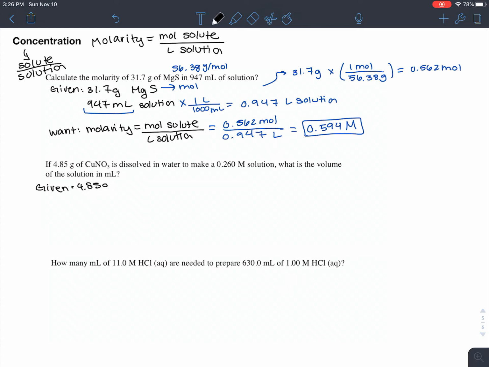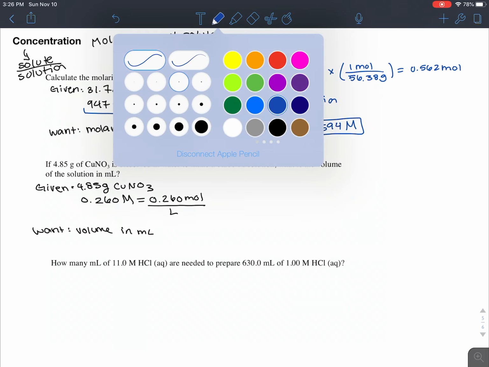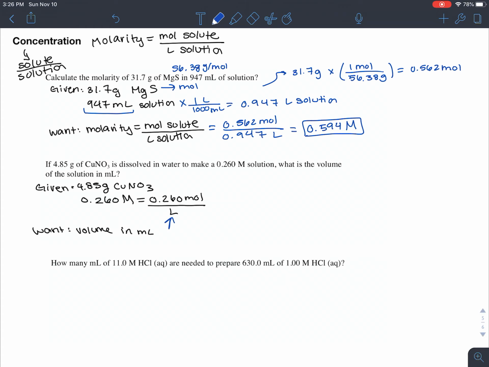So given here, 4.85 grams of copper nitrate and 0.260 molarity. I always like to say what molarity is: it's 0.260 moles over liter. Now, we want volume in milliliters, so I'm basically trying to get this right here.